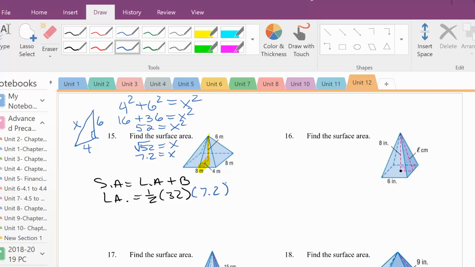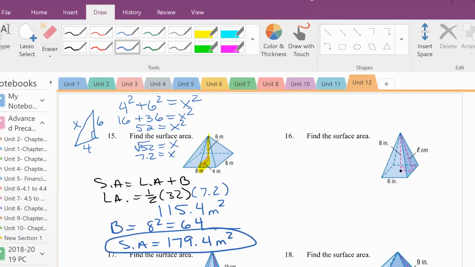So when you multiply that by 32 and divide by 2, you get the lateral area is 115.4. And then the area of one base, well, that's 8 squared, which is 64. So when you add them together, you get the surface area is 179.4 square meters.